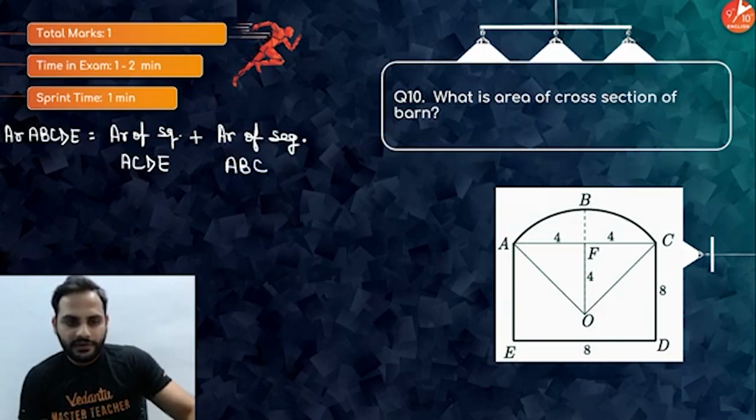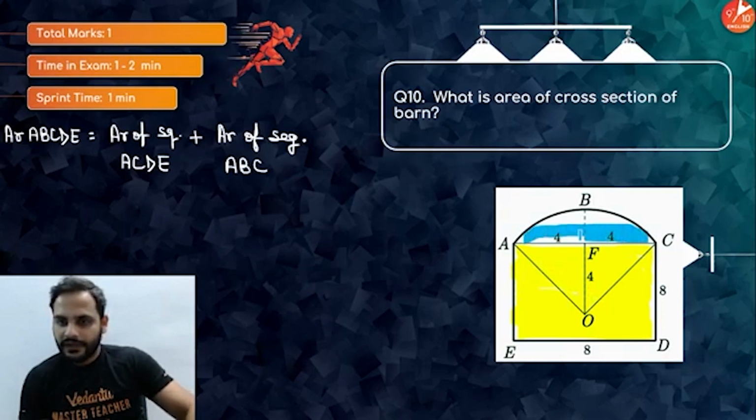Can you see over here or not कि बच्चा party, if suppose I add the area of this square, ठीक है, this square I have taken, with the area of this segment, so I will get the complete area. Yes or no?